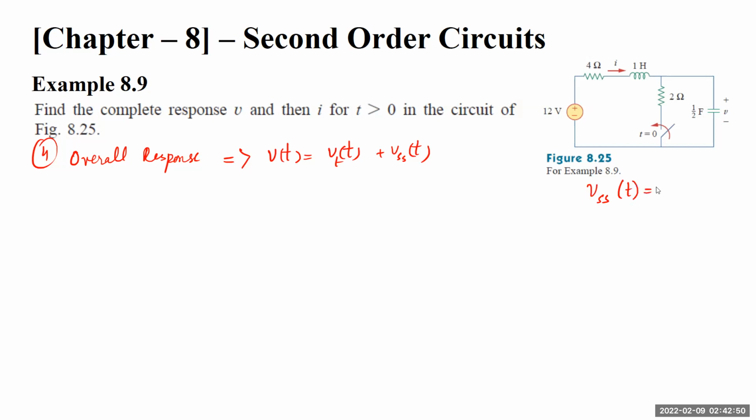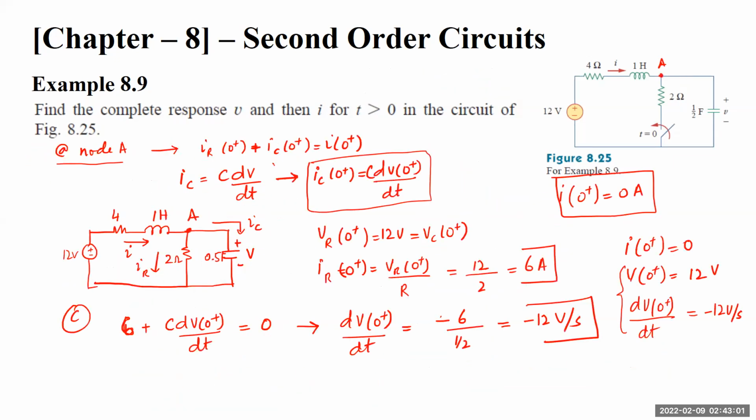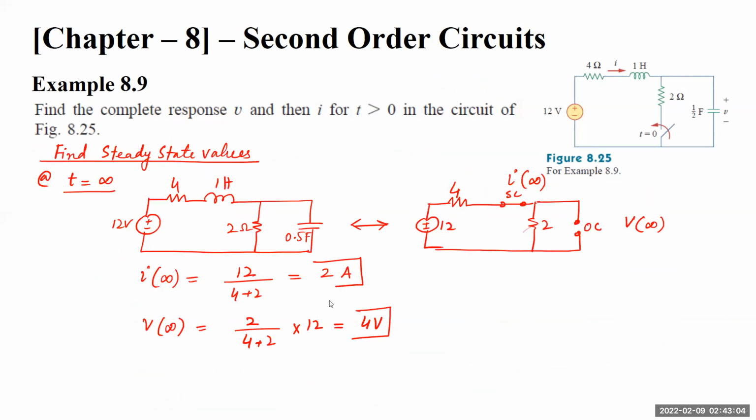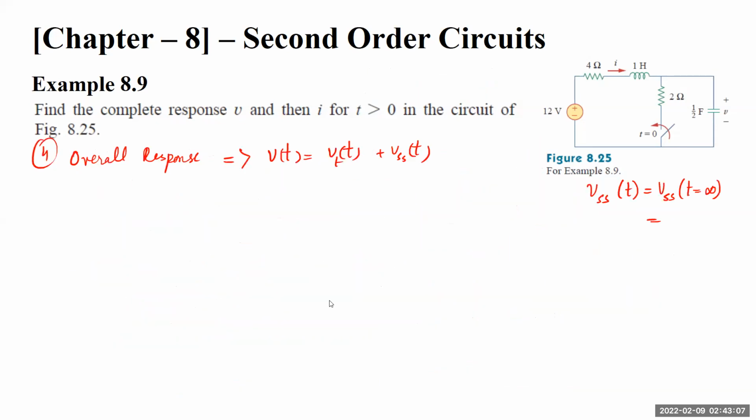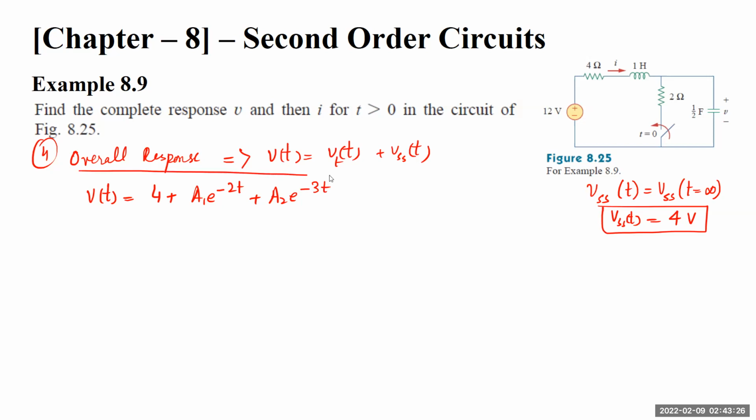V steady state of t is basically V at t equals to infinity, which is 4 volts. So our voltage function will look like 4 plus a1 e raised to power minus 2t plus a2 e raised to power minus 3t.